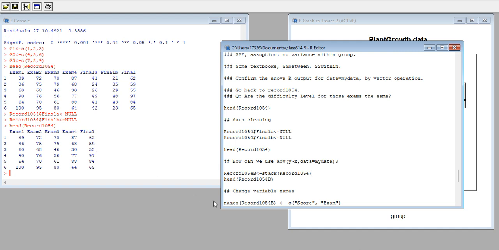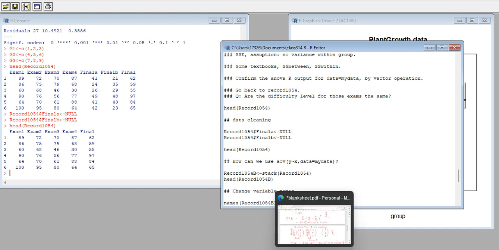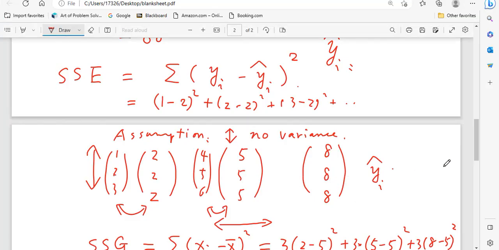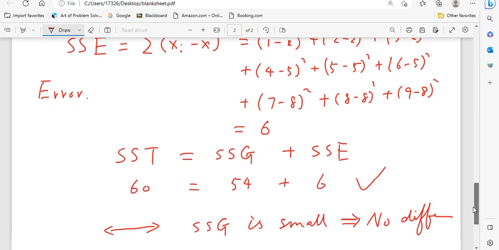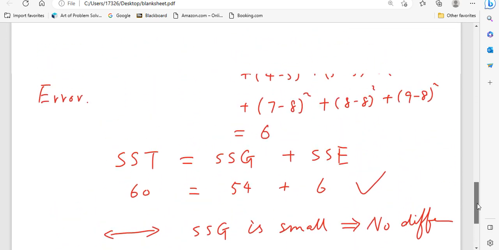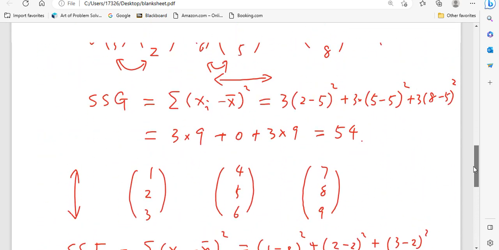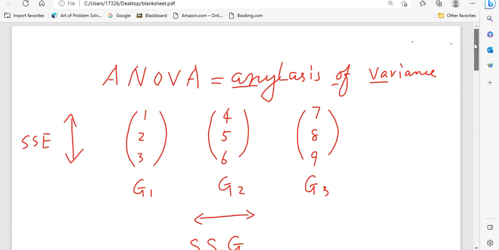So let's say we use the stack function to change the data file. It is just an Excel file, but for data, I put it here. Let's say, I have not enough space. For data, we have two formats. This is my fault. Okay, so maybe I put it here.